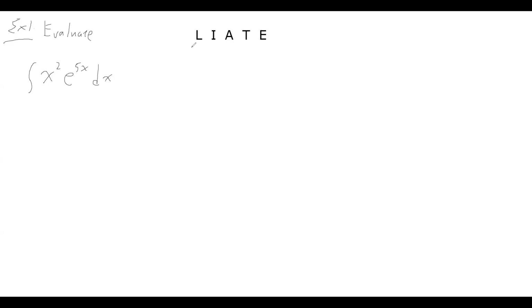No. Let's move on. I for inverse trig. We don't have any inverse trig. A for algebraic. And yes, we have an algebraic function right here, the x squared. That means we're going to let u be x squared. And the rest is going to be dv, so dv is this part right here, e to the 5x times dx.